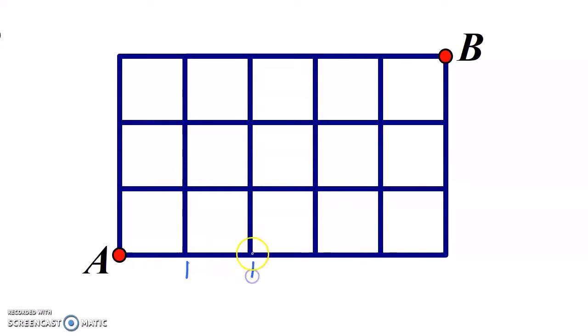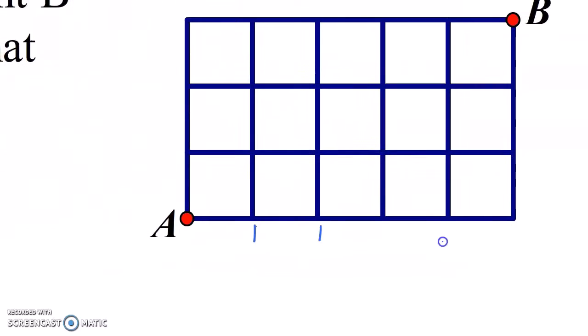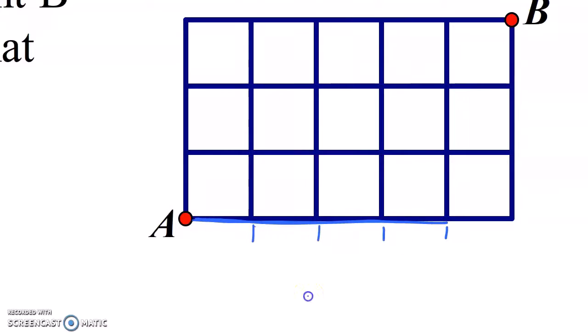Similarly, if he wants to go to this point, he still only has the one path he can take. And then to get to the next point to the right, he still only has one path. To go to the next point over, again, only one path. And to go to that final point over, still only one path.